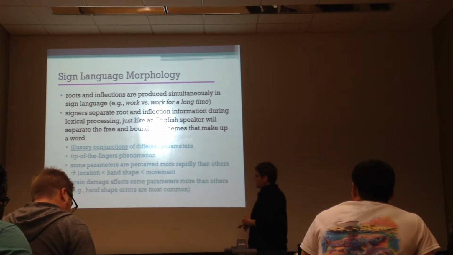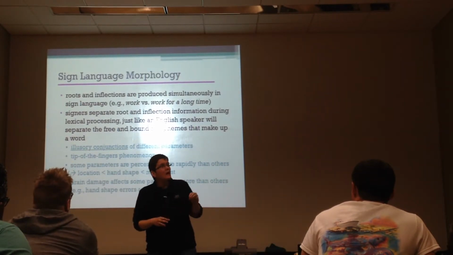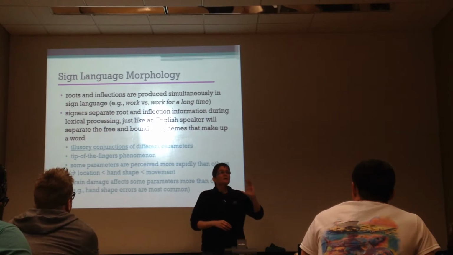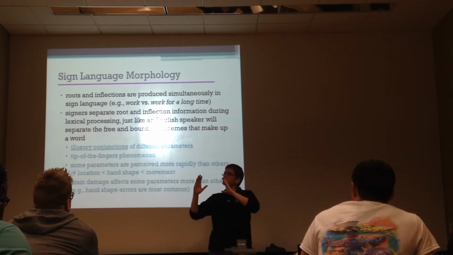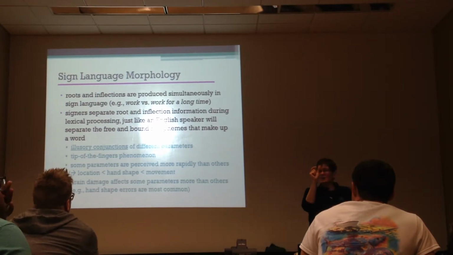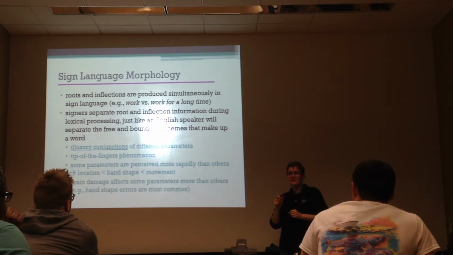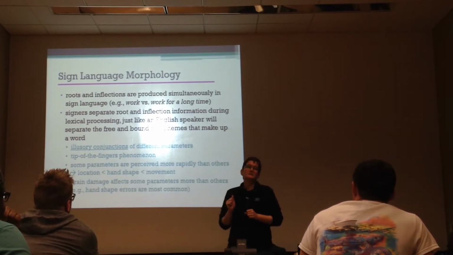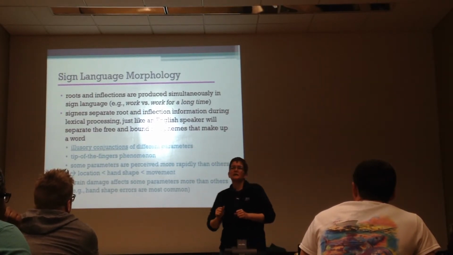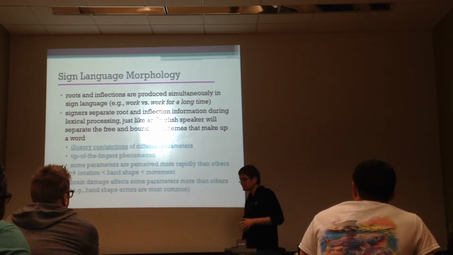We can show by having signers watch videos of different signs that we can actually stop the videos at different points in time after having only shown them a few milliseconds, maybe 10 or 20 milliseconds of a sign, then 10 or 20 milliseconds more, and we can ask them what they know about the sign at that point.